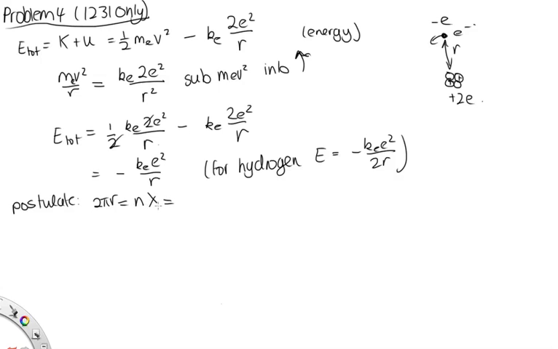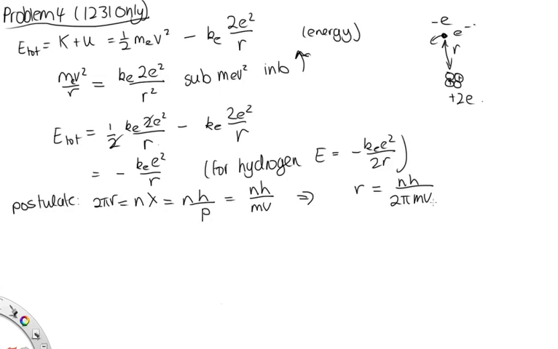And then from de Broglie's equation, we know that lambda is equal to h on p, where p is the momentum. And so we can write this as nh over mv. And so now rearranging this for r, you can see that r is equal to nh over 2 pi mv.